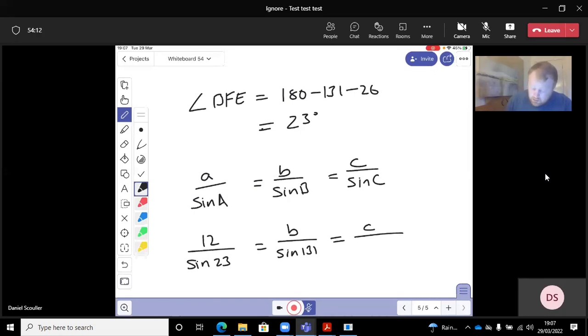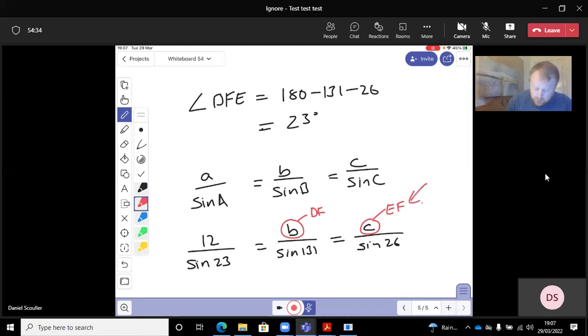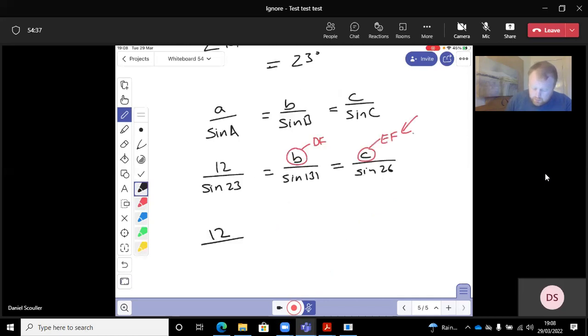Does it matter what you label A, B and C on each side? No. So that B is the line opposite, DF, and that is EF, so that's the side that we want. So I'm going to rewrite that: 12 over sine 23 equals line DF over sine 131.